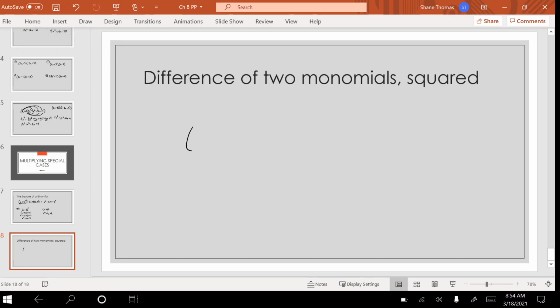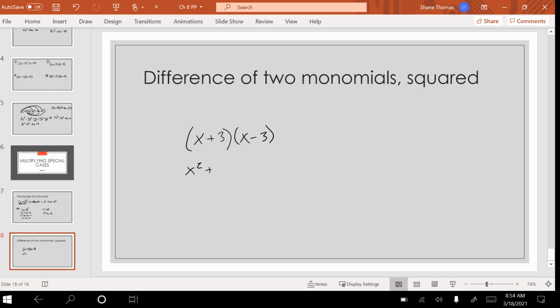So if I have something like this, let's go (x + 3)(x - 3). Are they both the same terms? Both an x and a 3, right? One's a plus, one's a minus. Let's do it the long way. So I multiply x times x, x squared.